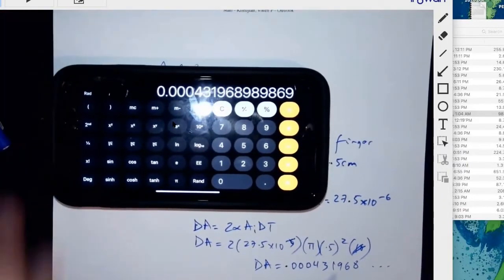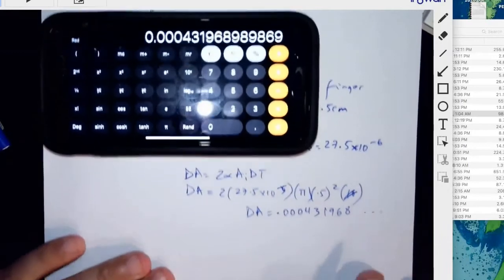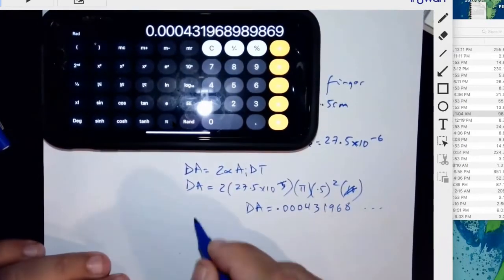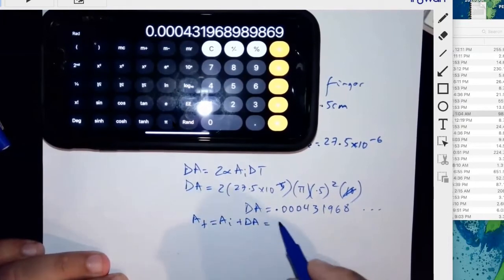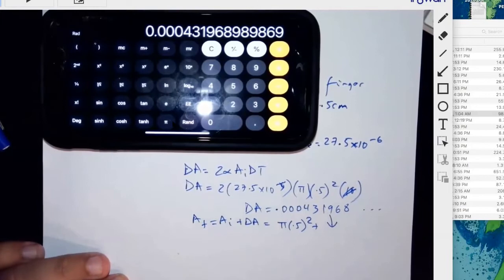Now the final area is going to be the initial area plus the delta A. The initial area is pi times 0.5 squared, plus this number.